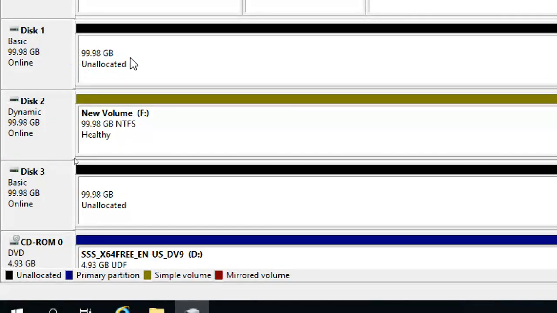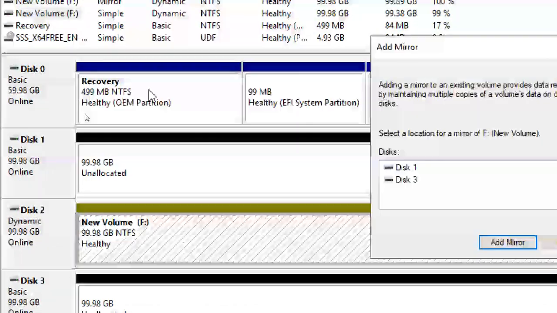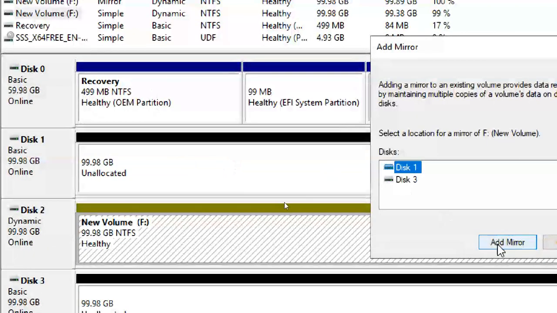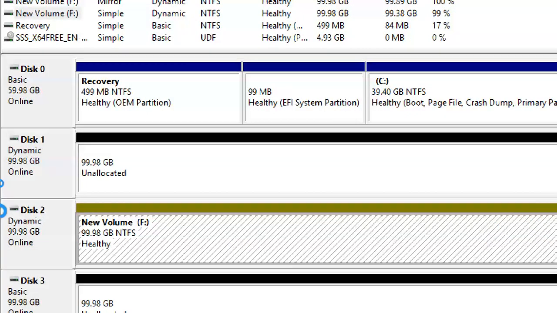So Z drive has failed, right? Now I'm going to F drive, add mirror, disk 1, add mirror, yes. Now the mirror is being created again. So make sure, like, if one disk is failure, you replace the new disk, and again we have to add it to the mirror, a new mirror array.